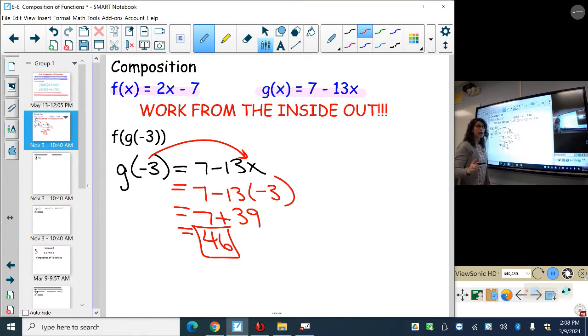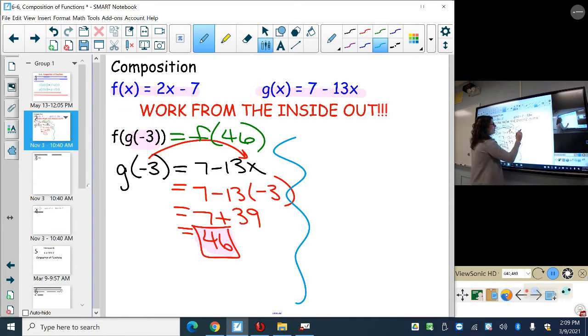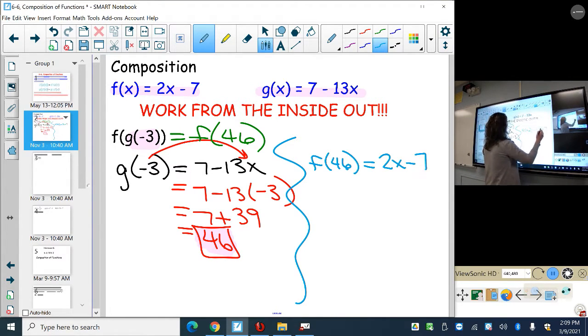So here's the thing. When I see g at negative 3, I now have a number that I can put in place of it. That number is going to be 46. So what I'm actually doing is f at 46. Why? Because g at negative 3 is equivalent to 46. So now I'm going to do f at 46. Well, what is f defined to be? f is given in our directions to be 2x minus 7.